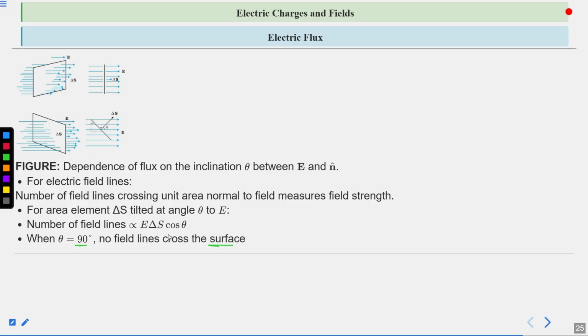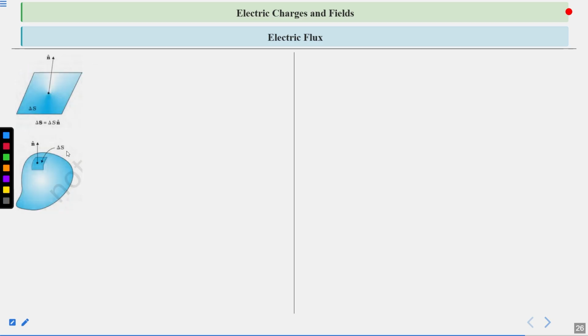It means overall value is 0. So there are no field lines. So delta S is equal to delta S n cap. Delta S is the magnitude and n cap is the direction which is perpendicular to the area element.